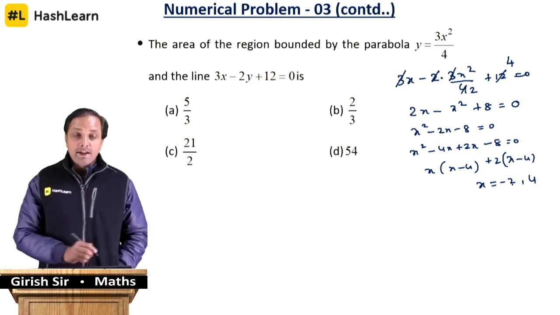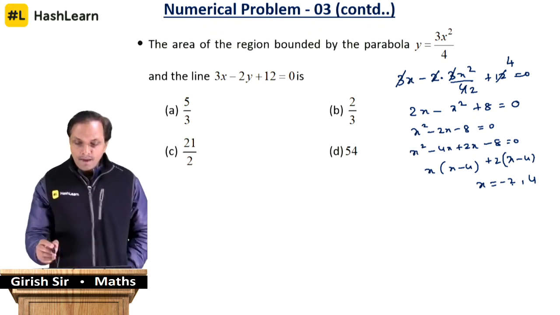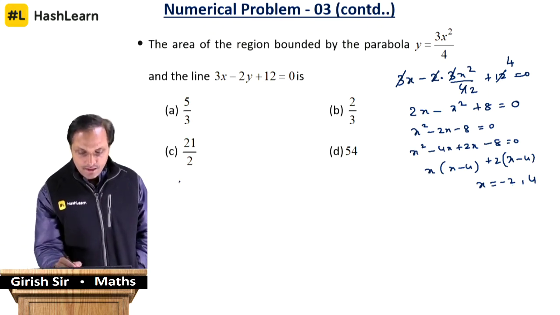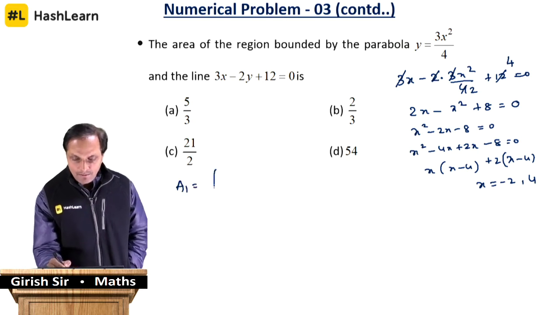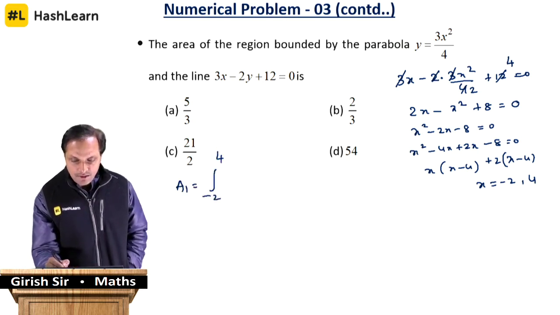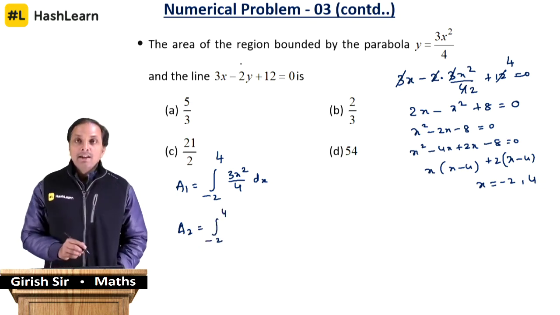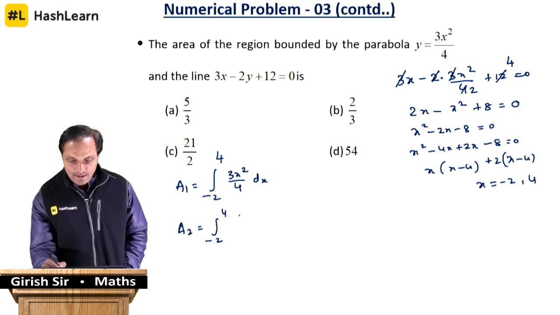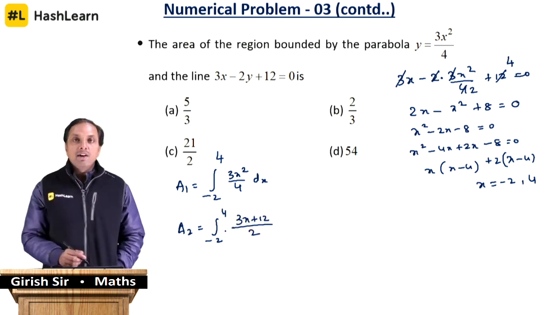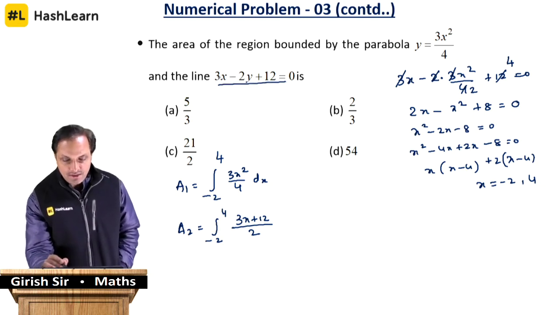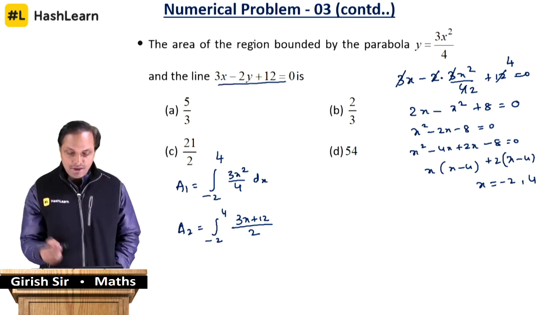So you need to integrate. Area 1 will be from minus 2 to plus 4, 3x square by 4. This is for the parabola, and area 2 will be minus 2 to plus 4 for the line. What is that for the line? 3x plus 12 divided by 2. What is y? y for this is 3x plus 12 by 2.